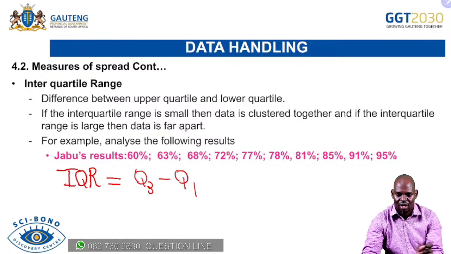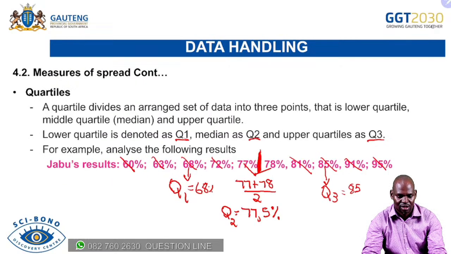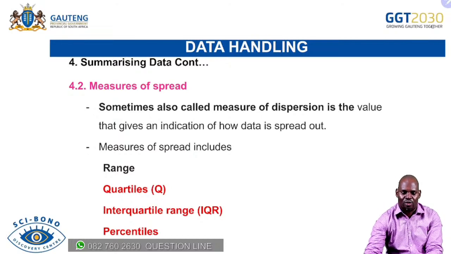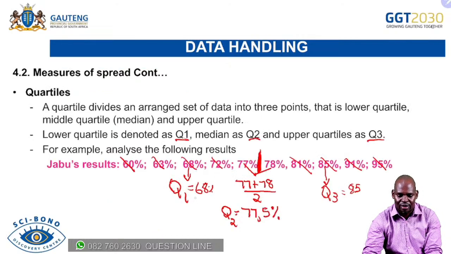Simple as that. So if you look at the previous slides, you see that we have already calculated quartile 1 and quartile 3, so we can use the very same information.